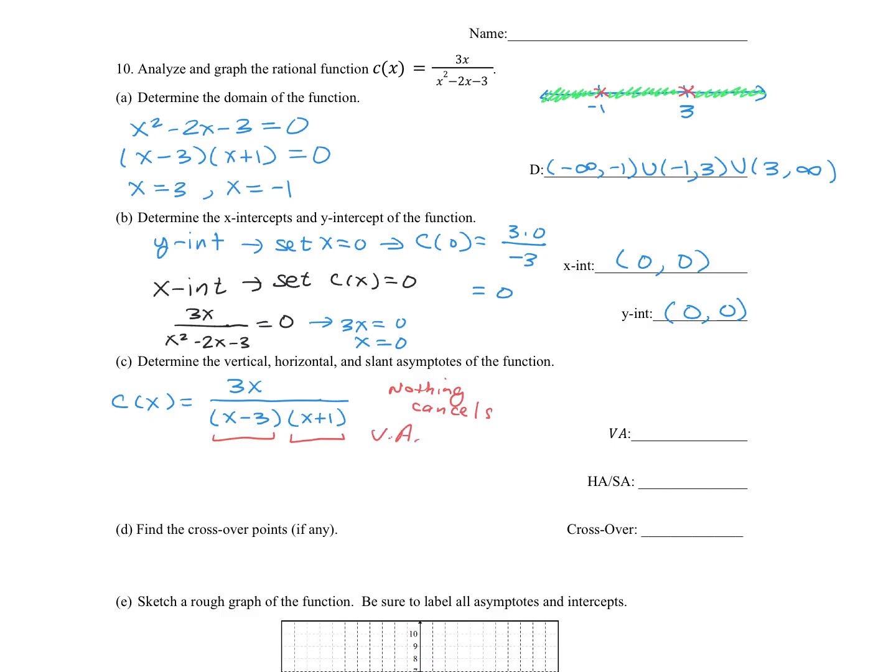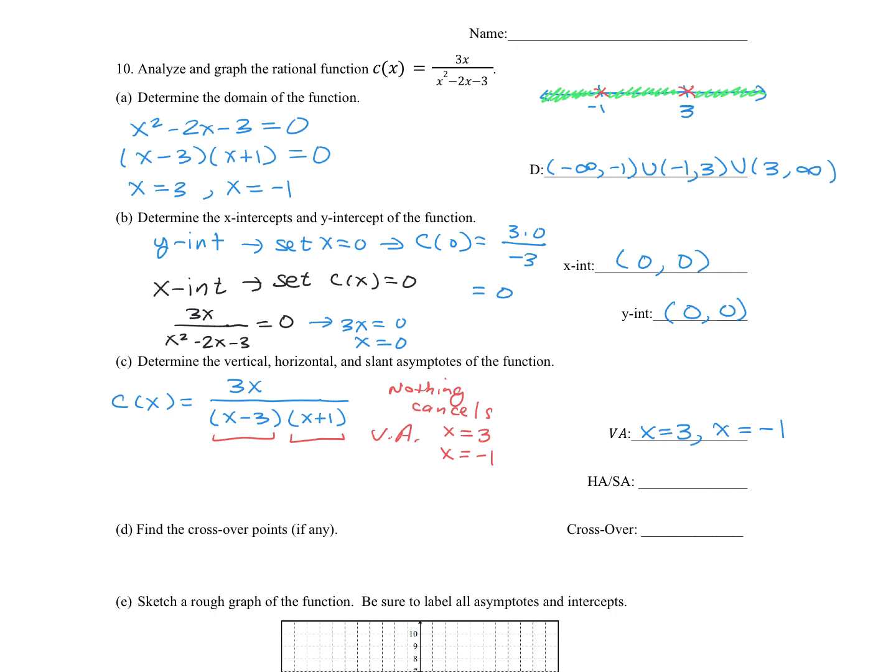So the first one comes from x minus 3 equals 0, which happens at x equals 3. The second one comes from x plus 1 equals 0, so x is negative 1. Remember, when you state your answer, you gotta put the x equals in front of those. It should be no coincidence at all that the two vertical asymptotes are also the places where you punched out your domain, your negative 1 and your 3.